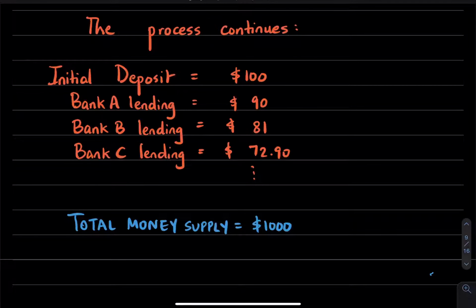We had an initial deposit of $100, and then when the first bank, Bank A, was lending, that became $90, which became the deposit for the second person, which became $81, $72.90, and so on and so forth.